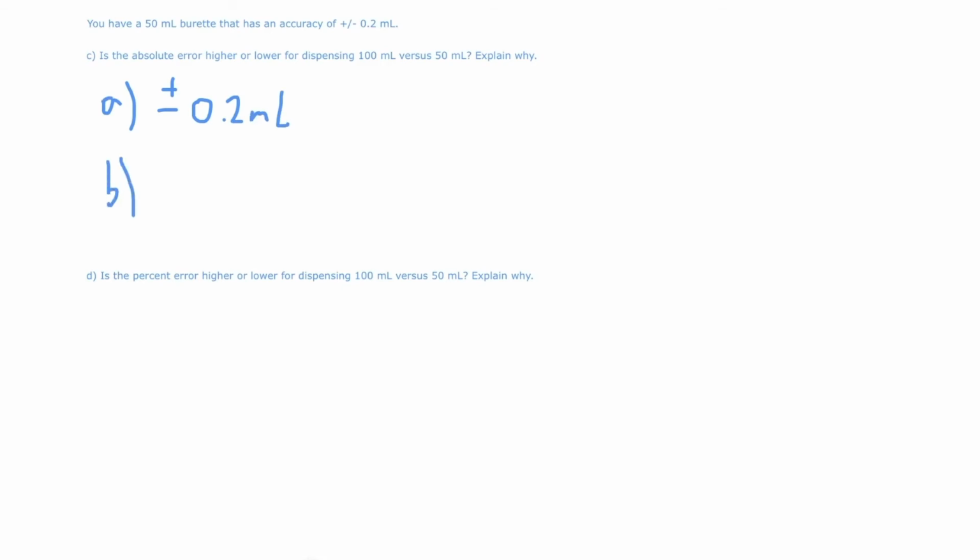And for part B, using 2 measurements in the 100 milliliter step, we saw that using the root mean square method for error propagation, the absolute error after 2 measurements came out to be 0.28 milliliters. So as you can clearly see, the absolute error increased. 0.28 milliliters is greater than 0.2 milliliters.